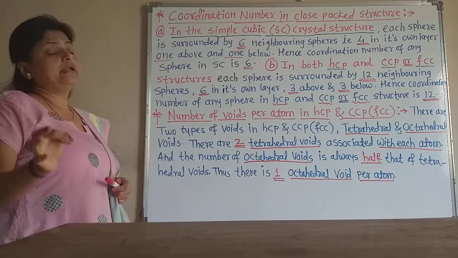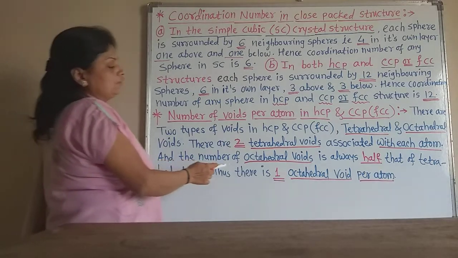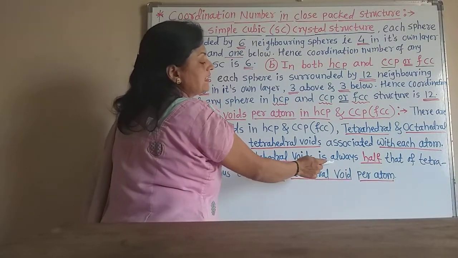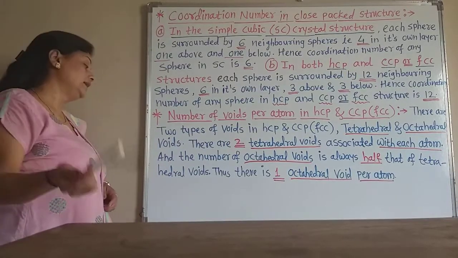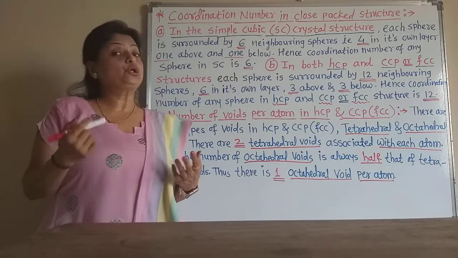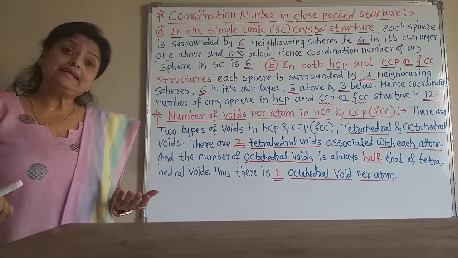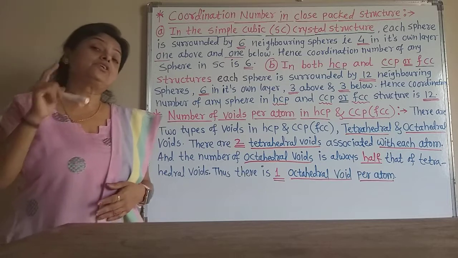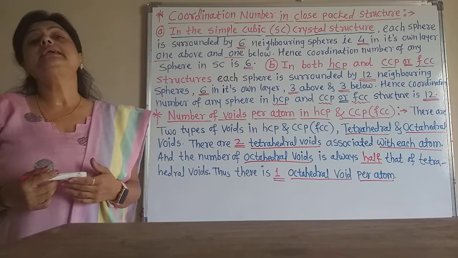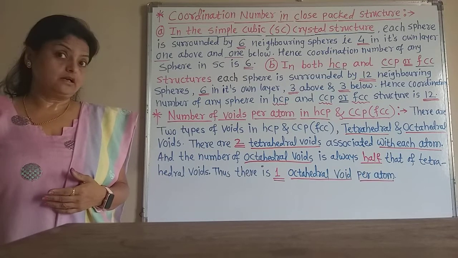So remember, per atom there are 2 tetrahedral voids. And the number of octahedral voids is always half that of the tetrahedral voids. That means if the tetrahedral voids are 2, then the octahedral void is definitely 1.